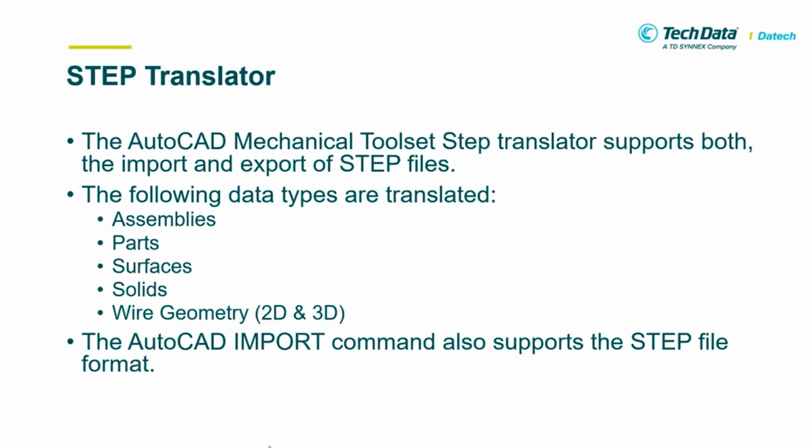STEP translator: the Standard for the Exchange of Product model data, named STEP, is an ISO standard format for computer interpretable product manufacturing data, including CAD data as well as metadata. The .step file format is often used for exchanging 3D models between dissimilar CAD systems. AutoCAD Mechanical Toolset supports both import and export of the STEP file format for further usage by designers.